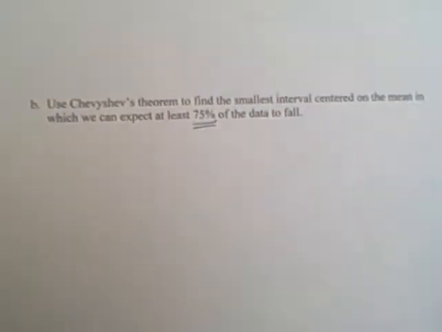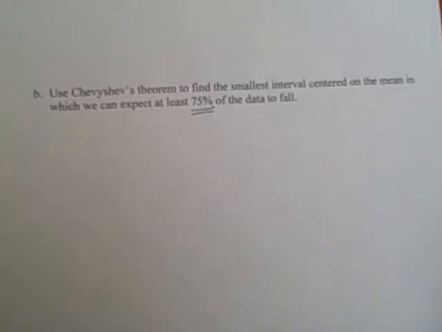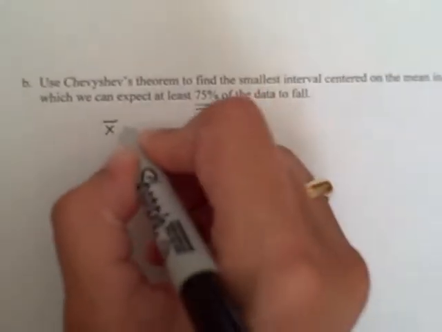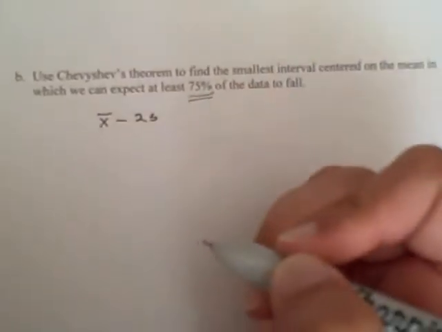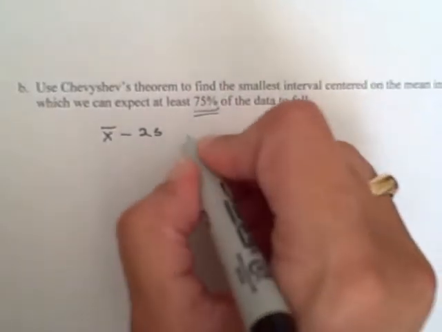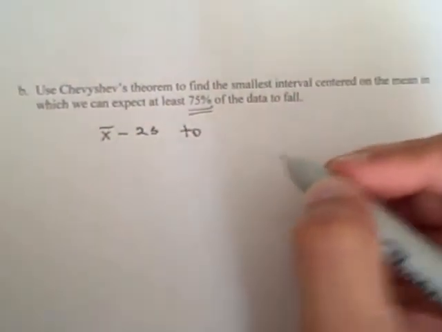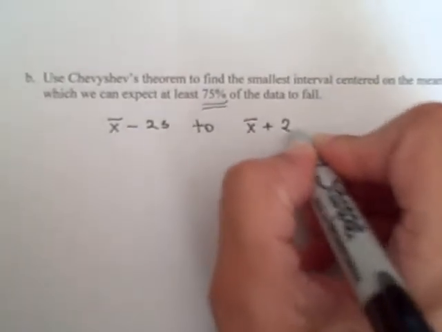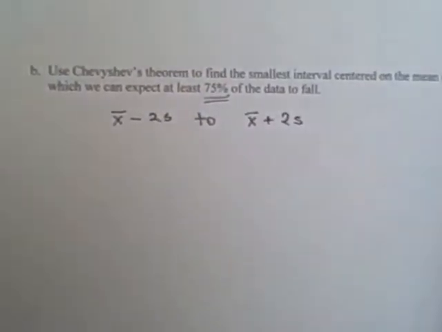This percent right here, the 75%, is within two standard deviations of the mean. So we're going to do X bar minus twice the standard deviation to get the smaller number of our interval, okay? Up to X bar plus 2 times the standard deviation, okay?